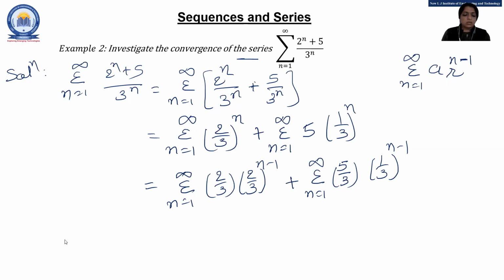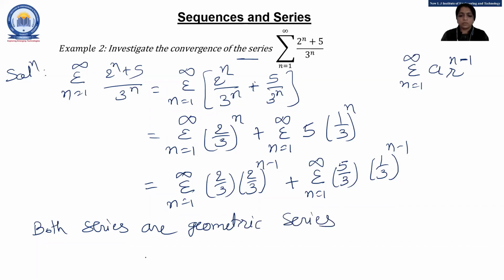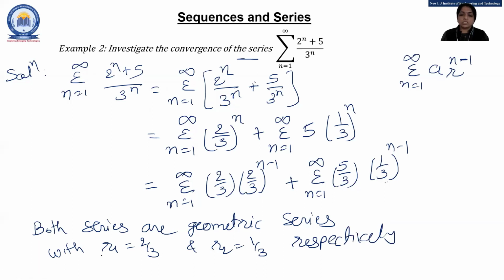So students, here again we have two different series, and both are geometric series with ratios R1, that is 2 by 3, and R2, that is 1 by 3.